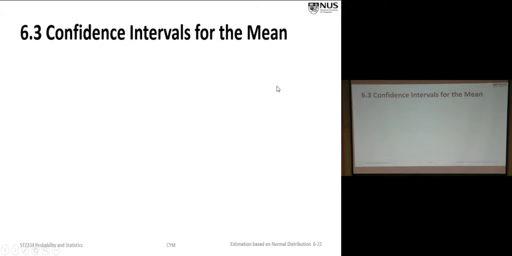Now, more specifically, we look at the parameter mu, and how to construct the confidence interval. There are quite a few formulas, but basically what you need to ask is two things. The most important thing is whether the variance is known or not.